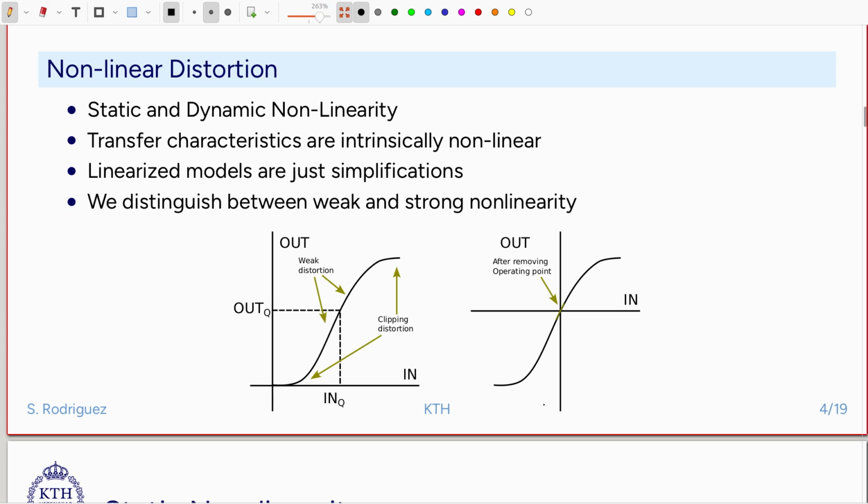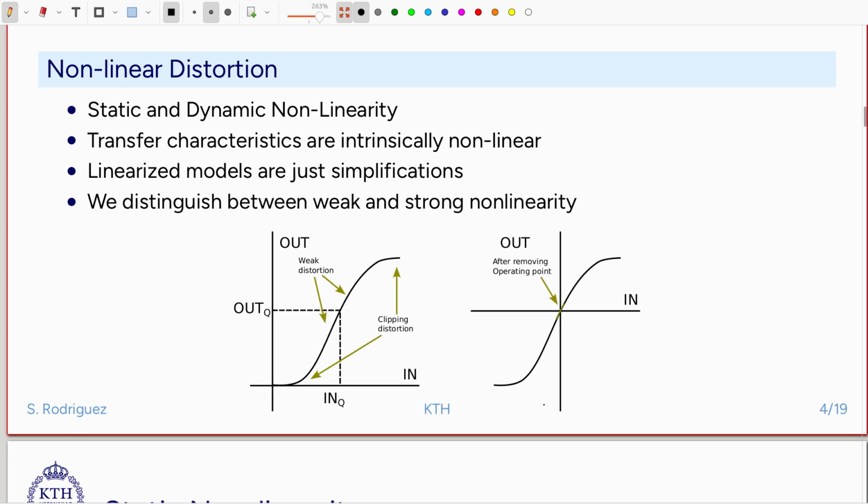As we have seen before, the transistors work as amplifiers thanks to the fact that they are intrinsically nonlinear. We have this exponential dependence at weak inversion and quadratic dependence at strong inversion. So they will introduce nonlinearities in our amplifier chain. The static nonlinearity consists of studying this kind of nonlinear behavior.